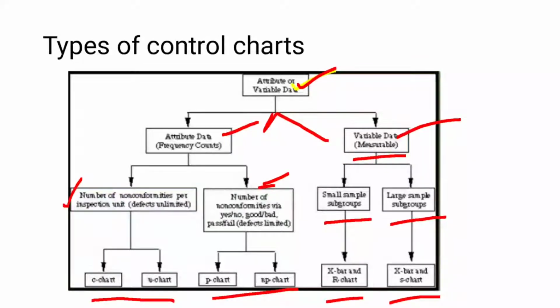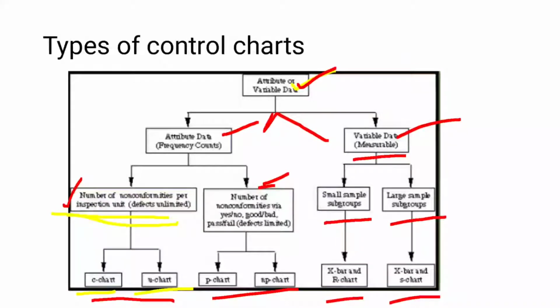Now we will first look at the attributes. For the number of defects per inspection unit, we have the C chart and the U chart.